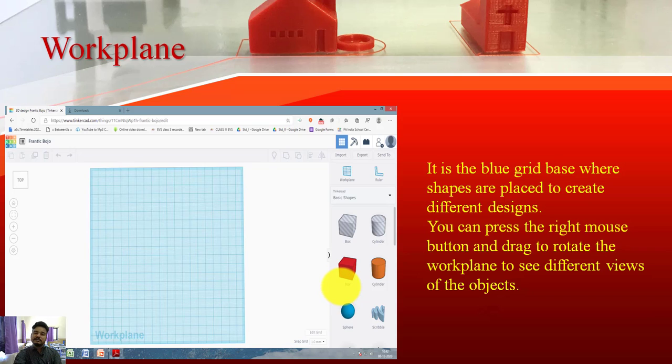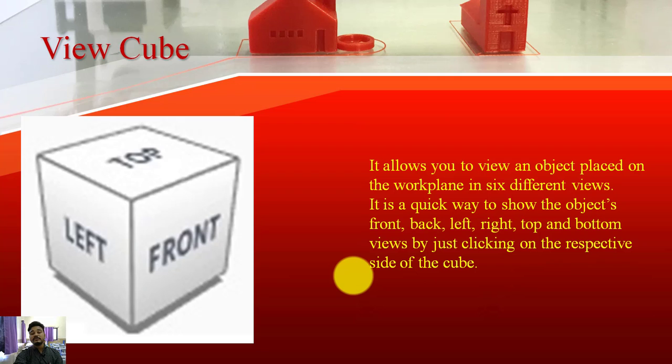Practically also I am going to show you, but theoretically you remember the work plane is the area where our shapes are placed to create different designs, okay. Now the view cube, as I told you, is where we can change different views of how our work plane is going to be viewed.